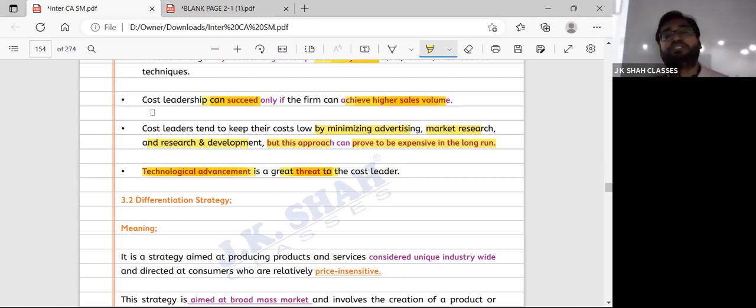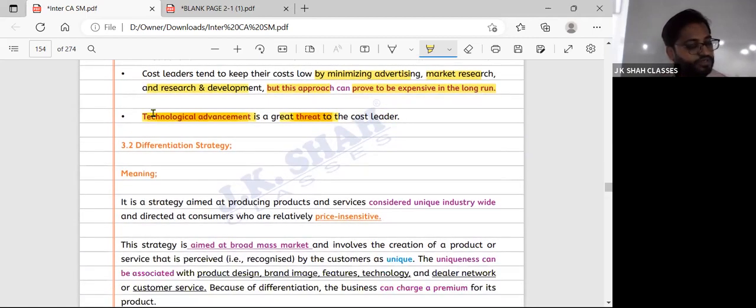Because of these unique features, we can charge premium prices and customers will pay those extra premium prices. You all understood? Unique, price insensitive, broad market.